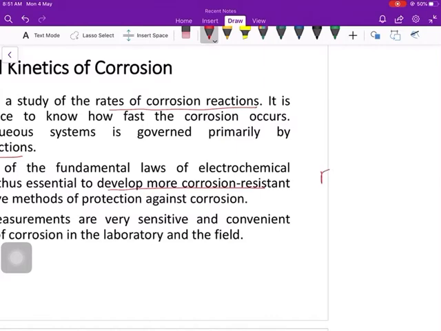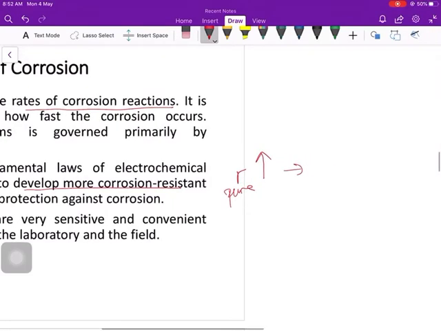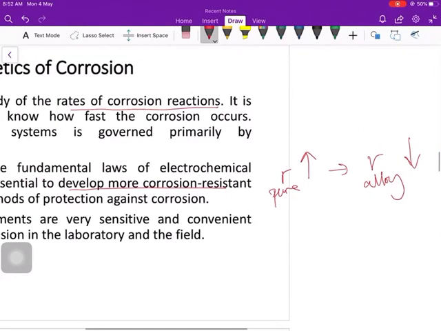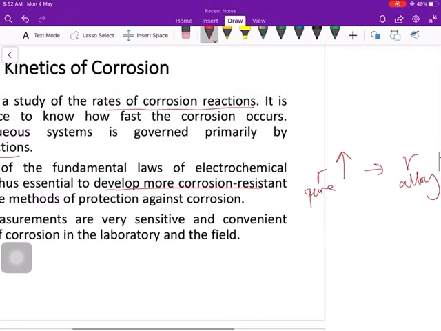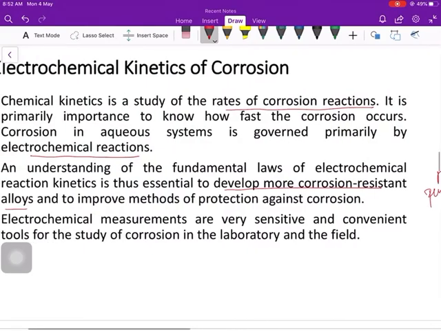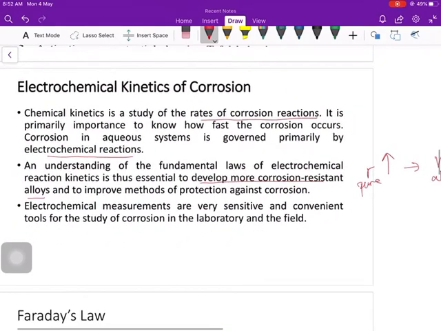So if you know the details of the kinetics of one material, you can improve or modify that material, for example, pure metals with a very high corrosion rate. You can produce a new material, for example, an alloy with a lower corrosion rate. So you can develop new material with low corrosion rate or high corrosion resistance.